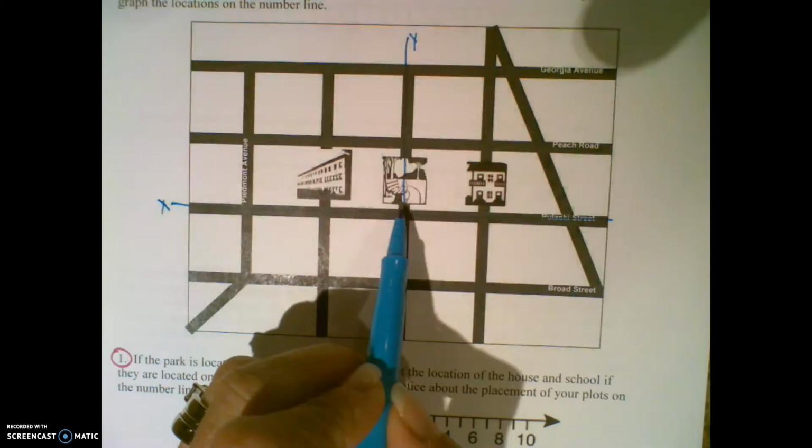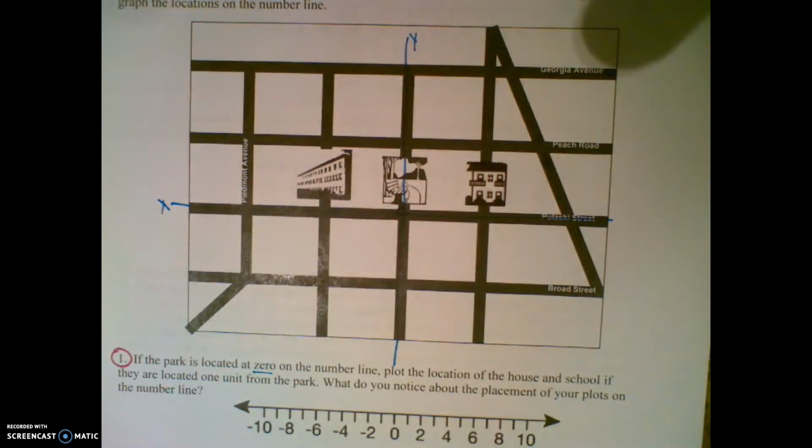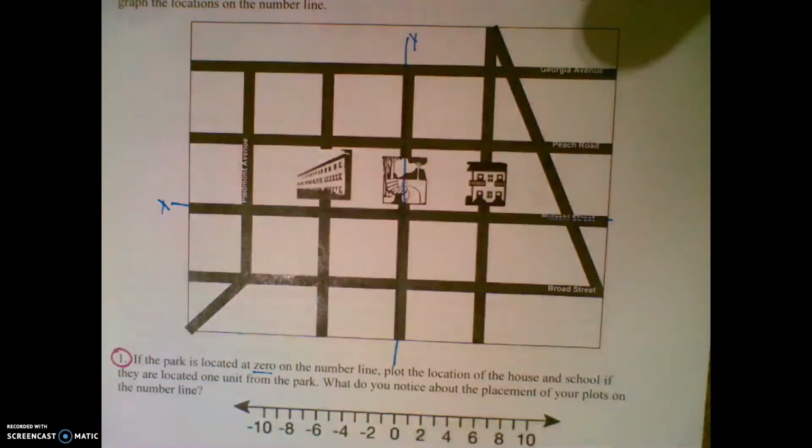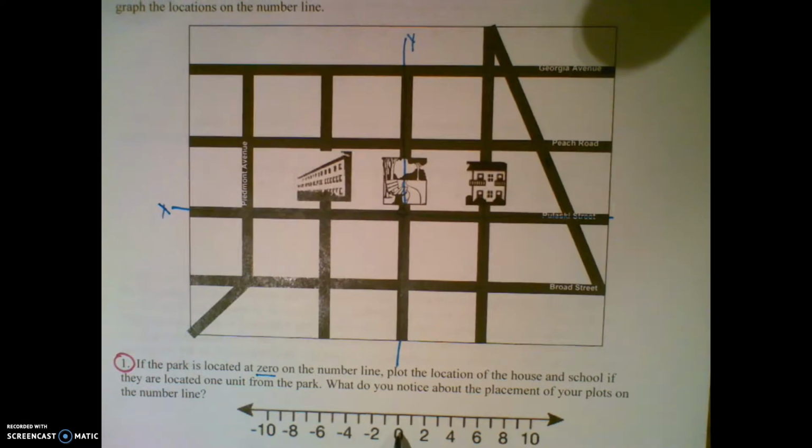So if the park is located at 0, plot the location of the house and school if they are located 1 unit from the park. So if this is only equal to 1 unit each, here would be the park on the number line. Here would be the school, and here is your house, okay?